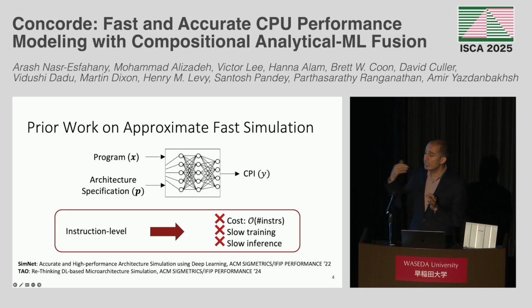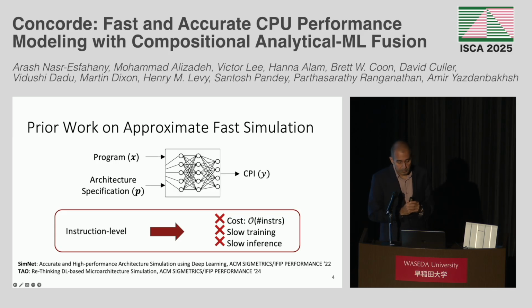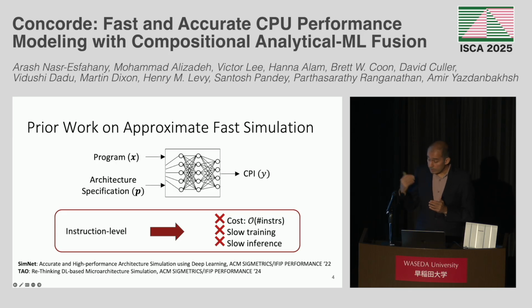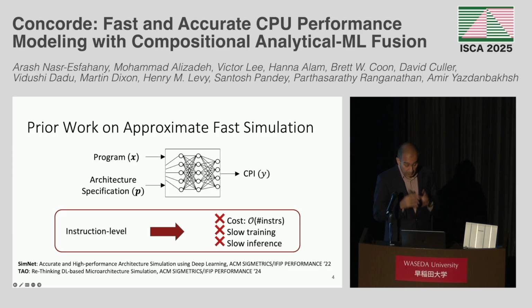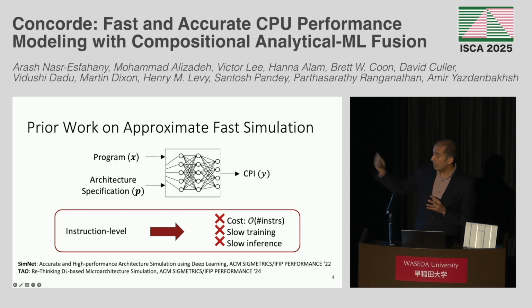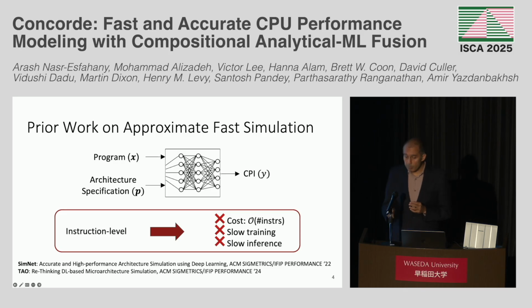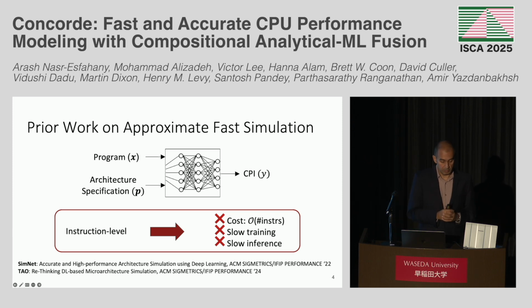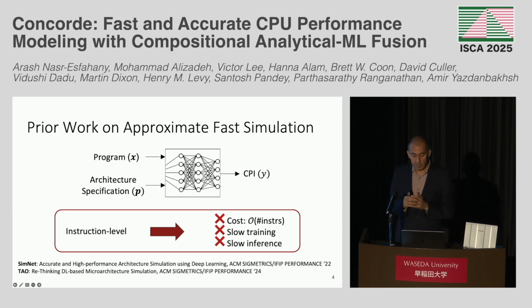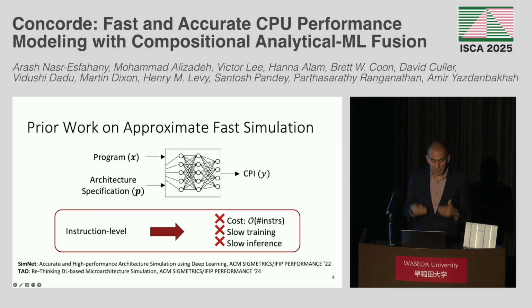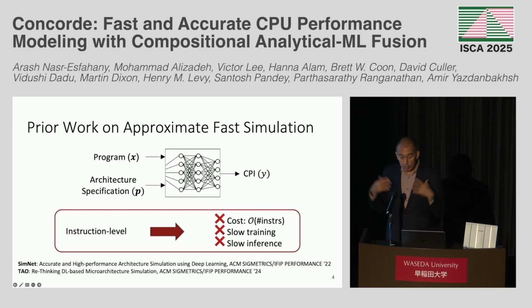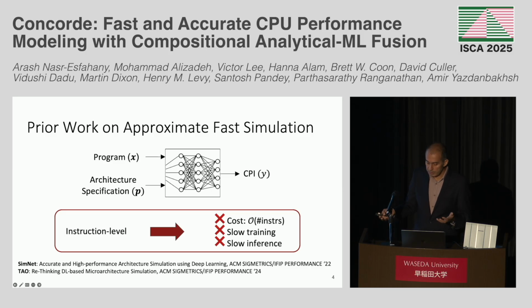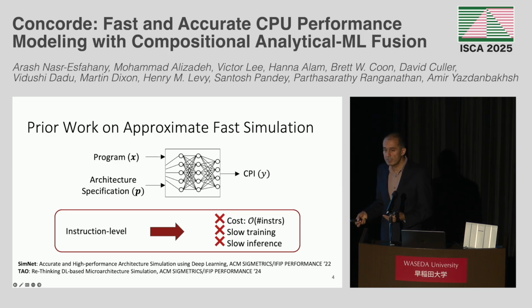And that makes the training very, very hard. And on top of that, modeling the performance in this way does not exploit the CPU performance modeling problem structure. And by ignoring the problem structure of this simulation, these methods require a significant amount of training data to learn all these dynamics, and of course, larger neural networks, which makes both the training and inference costly.